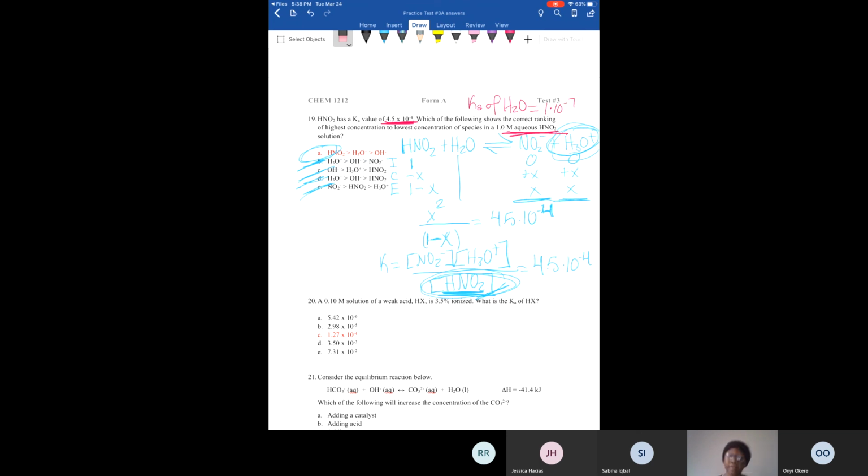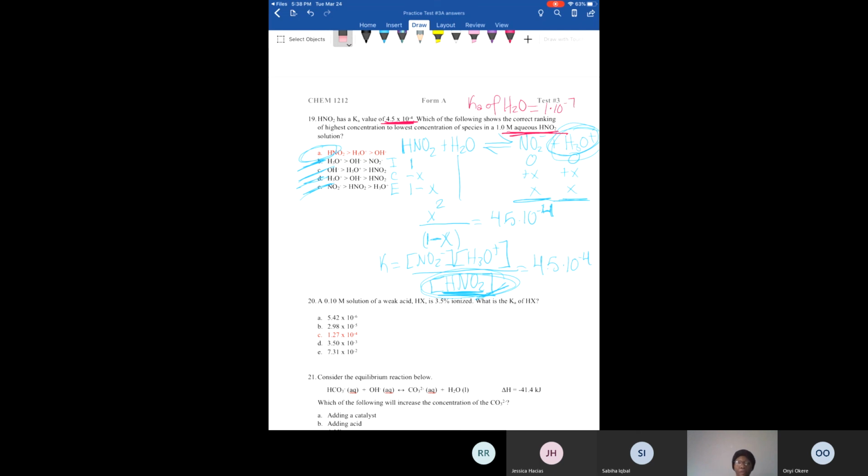You can do that, because Ka is ultimately what determines the strength of the acid. A stronger acid is going to want to dissociate more.